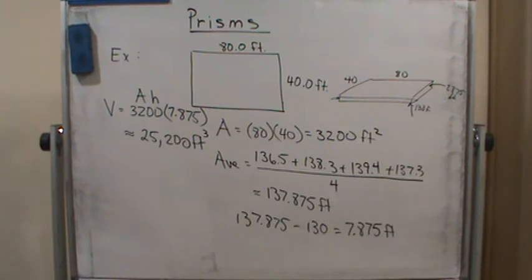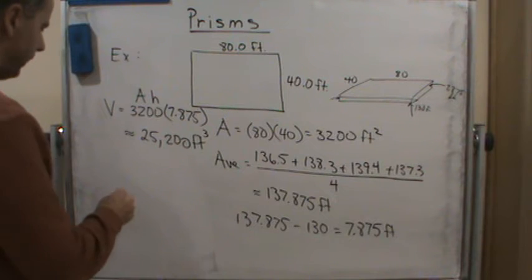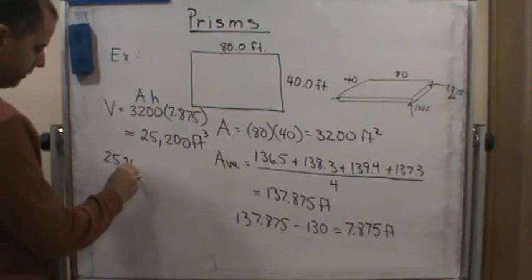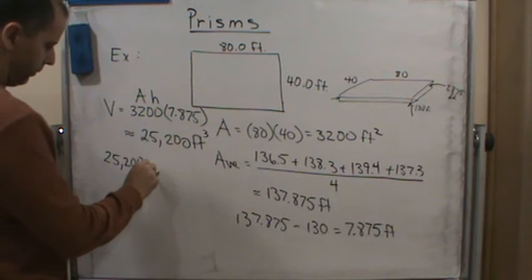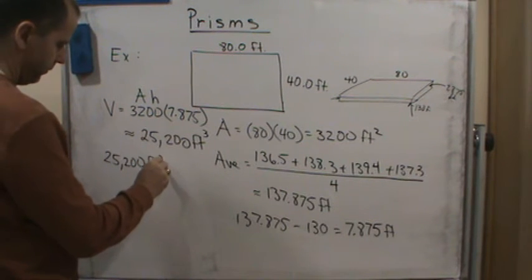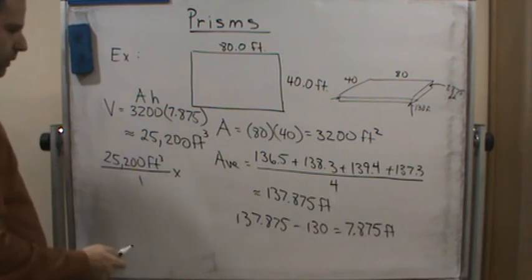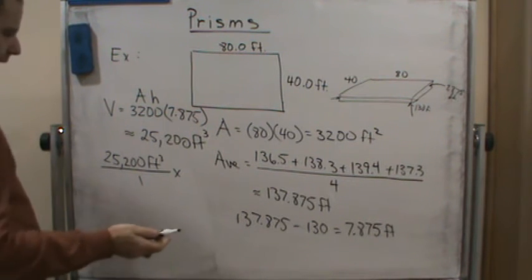So that's the volume, and guess what? That needs to be converted into yards because they want cubic yards. So we take 25,200 cubic feet over 1, and now we've got to multiply by our conversion factors.